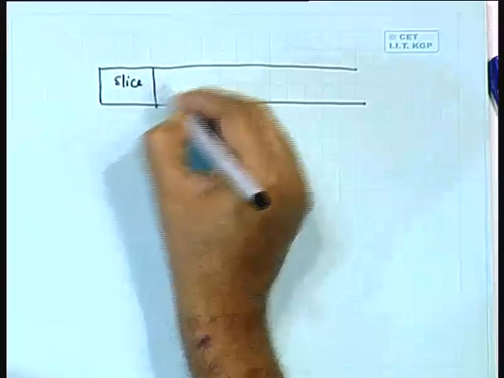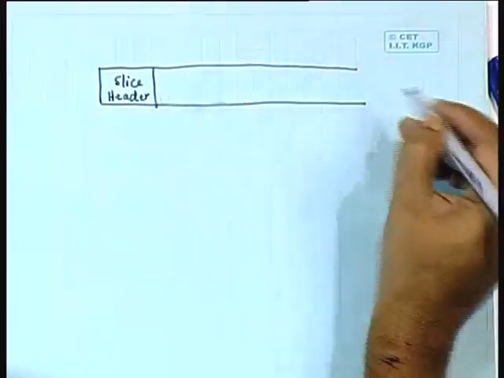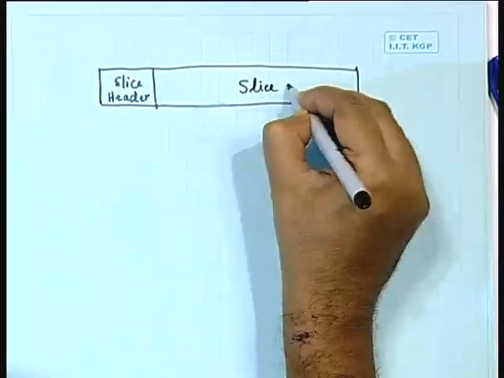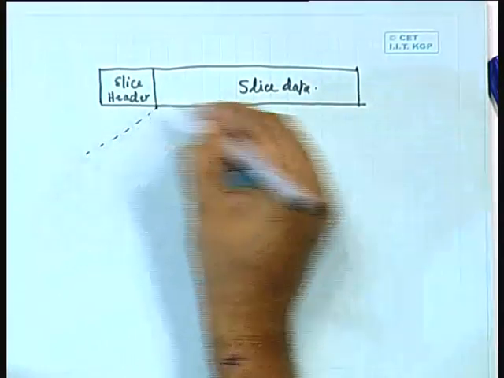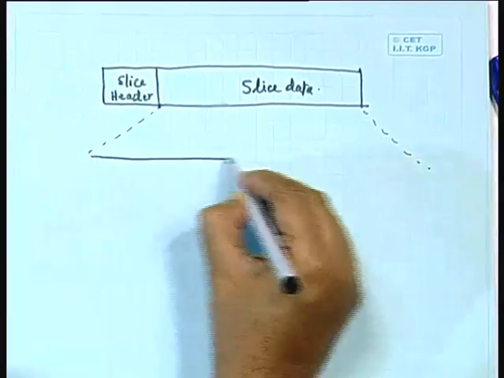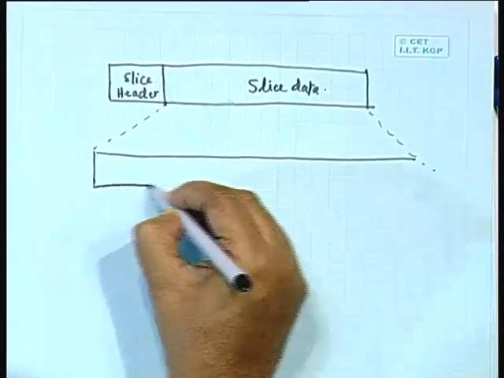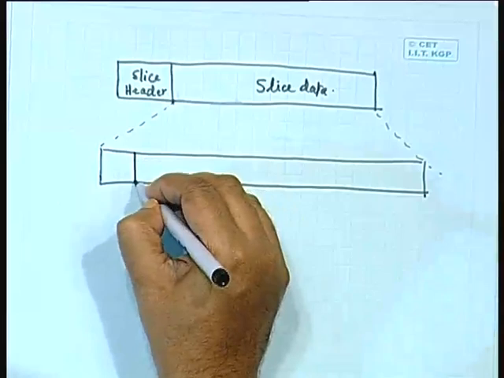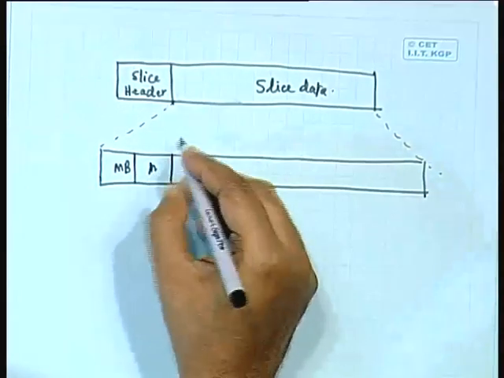So, this is the slice header, and the slice header is followed by the slice data, and the slice data consists of the macro block information, because a slice, as I told you already, is composed of macro blocks.